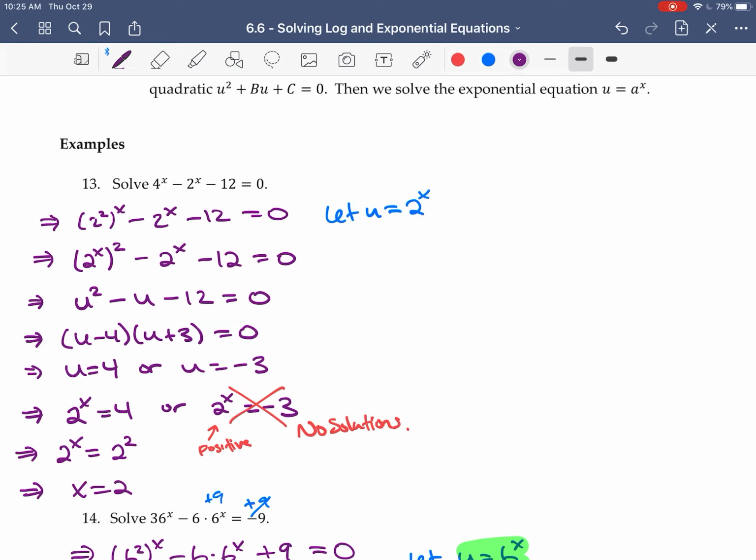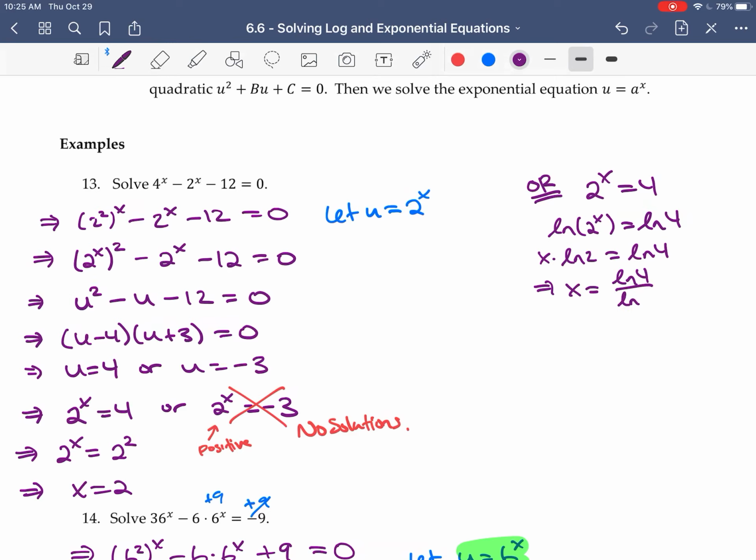But if you wanted to solve this, you could take the ln of both sides and solve for x that way as well. And you should also get, actually maybe let's do that. So we have 2 to the x equals 4, so that's ln of 2 to the x equals ln of 4. Bring the x down, so x ln 2 equals ln 4, which means that x is ln 4 over ln 2.